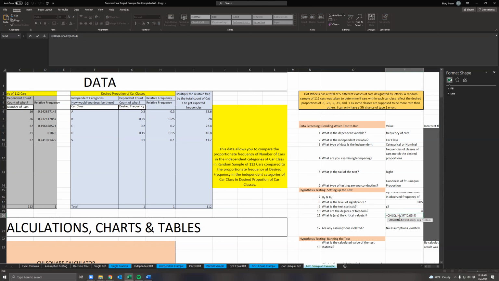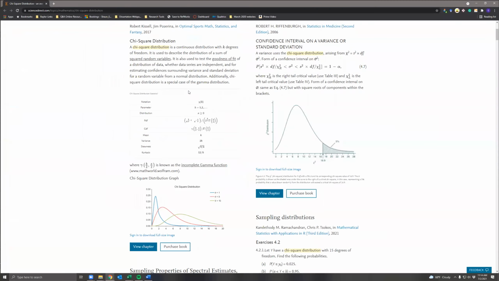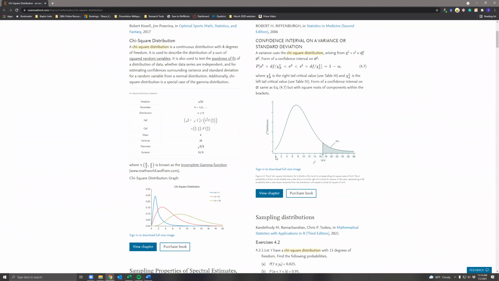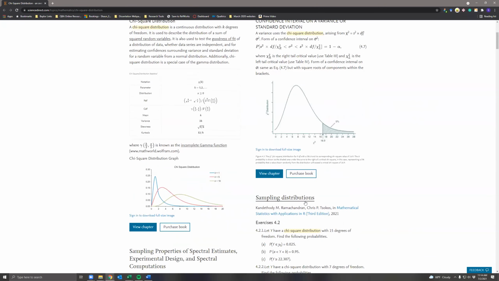It is possible to do a left tail test with chi-squared. We're just not doing one. So everything in this class is going to be a right tail test, and you'll notice we've got a 5% chance.